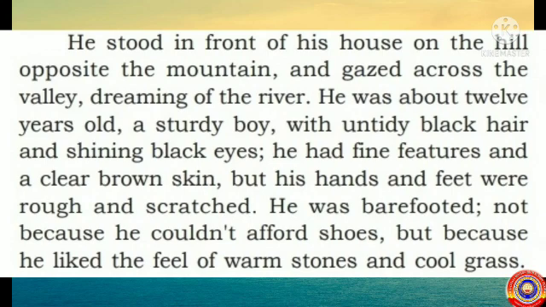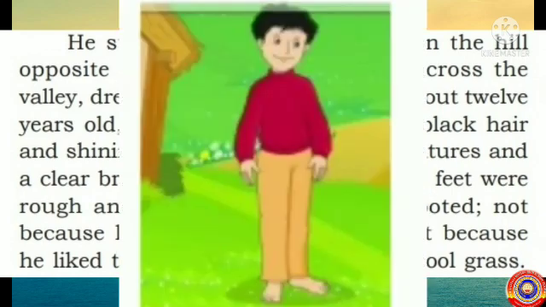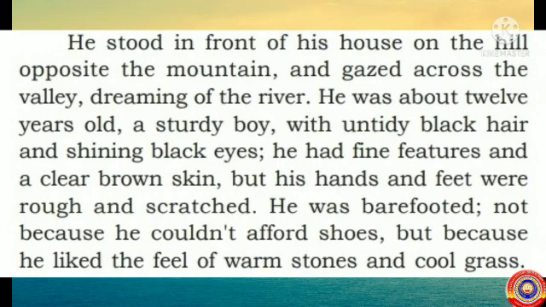He had brown skin, but what about his hands and feet? Yes, his hands and feet were rough and scratched or wounded. The boy was barefooted because he wanted to feel the warm stones and cool grass. Students, did you understand the explanation of this paragraph? Hope you all understood the paragraph.